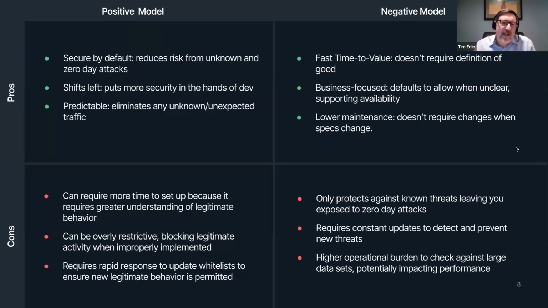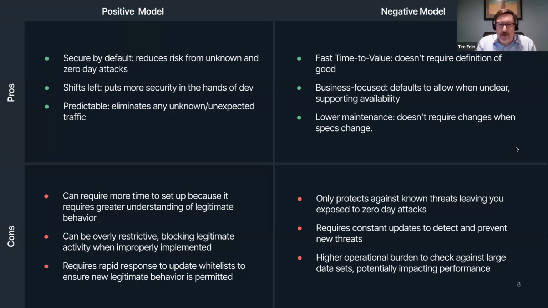And then it can have a higher operational burden because it has to look at everything and analyze everything that comes across whatever that control plane is, that barrier, in order to determine if it's malicious. Whereas the positive model only has to say, is it good, and pass it through and just block everything else. So there can be a higher operational burden there on the negative model.